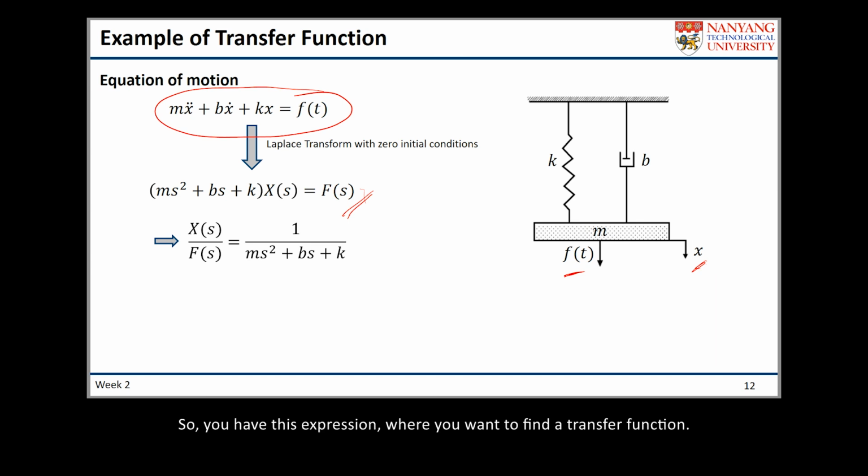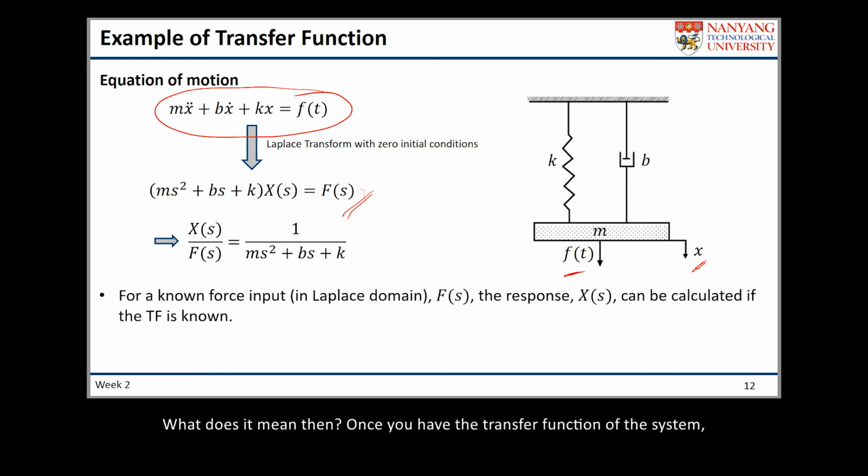So you have this expression when you want to find the transfer function. Again, the transfer function is just the ratio of the output to the input. The output is x in this case, the input is F, so the ratio X over F will be equal to 1 over ms squared plus bs plus k. So this is an example of a real application.